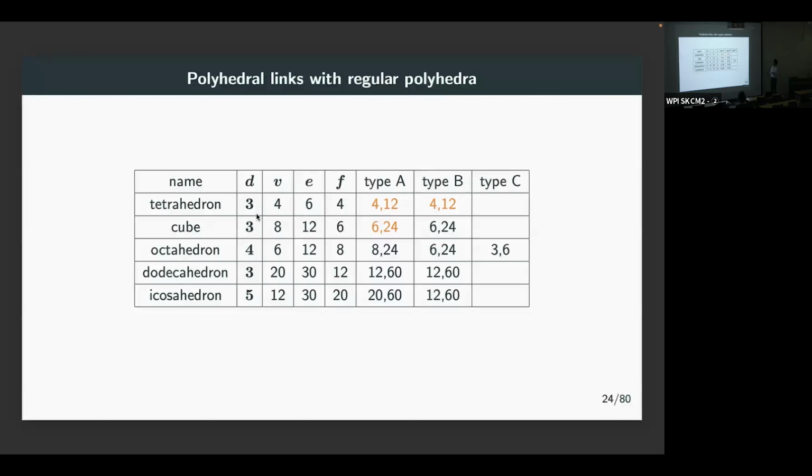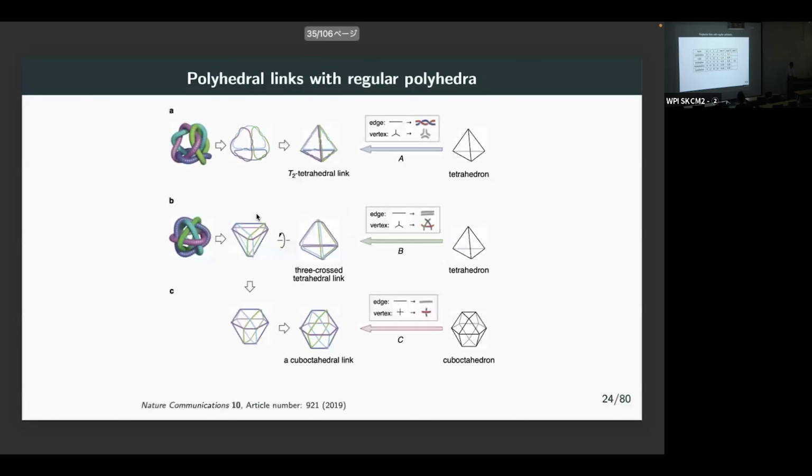So from the tetrahedron, they make type A and type B. Those are the first 2 examples. And from the cube, they make this one. And these are the second one, very complicated. And if you prepare the dodecahedron or icosahedron, you can also make different knots and links.